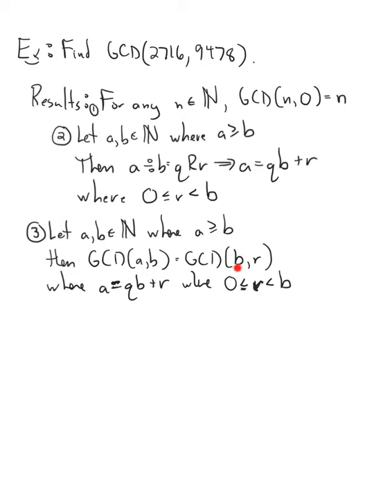The greatest common divisor of b, which is smaller than a, and r, which is smaller than b. So we're making the problem smaller. And what's nice is, well, we could just do this again. We could keep iterating this. To figure out what the r is, like we did for a and b, to figure out what the remainder is, just do the same idea again. Do b divided by r, get a new remainder, and just keep iterating that process.